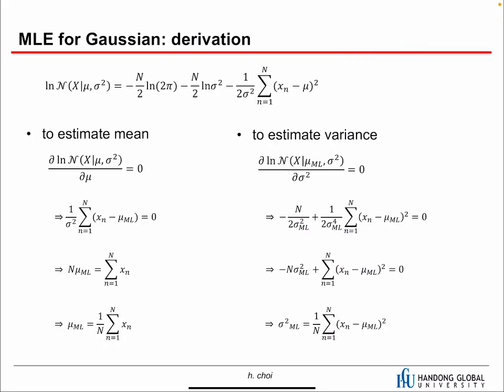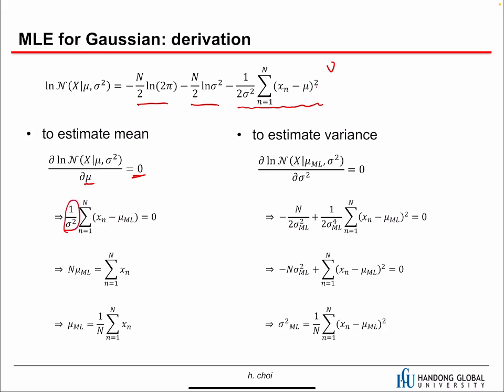Now let's calculate. To estimate the mean, we take a derivative with respect to mean and set it to 0. If you look at this equation, this term and this term have nothing to do with mean, so when we take a derivative, they just cancel. Let's focus on this term. This 2 goes forward and they cancel each other.